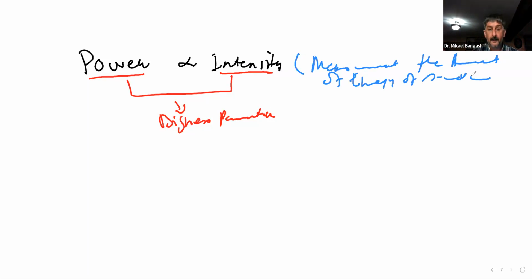That may be a great amount if the power is great, which makes the intensity of that sound wave great. Or that amount may be less if the power is less, which makes the intensity of the sound wave less.